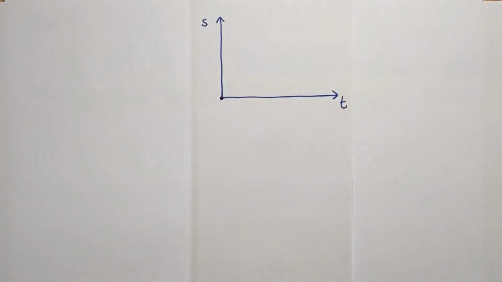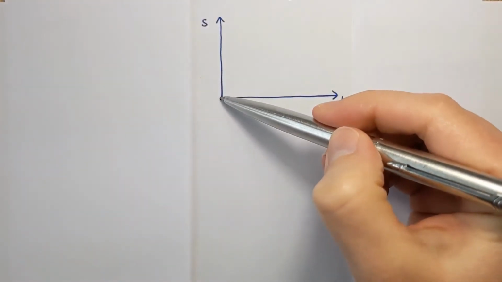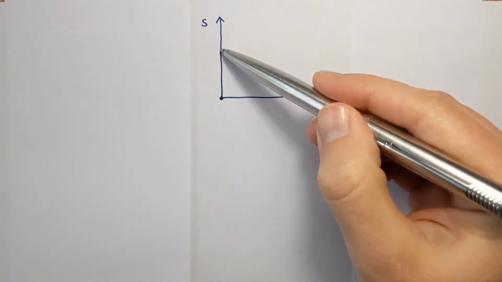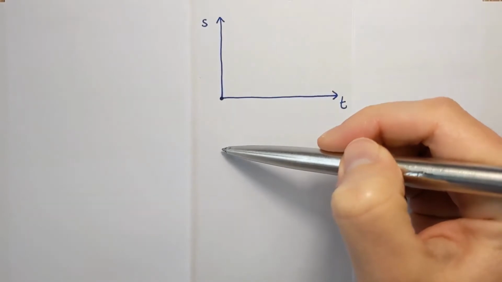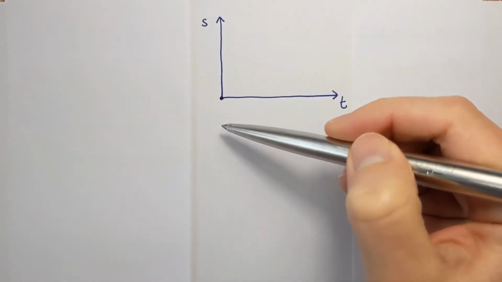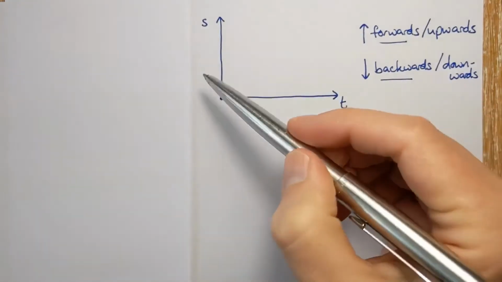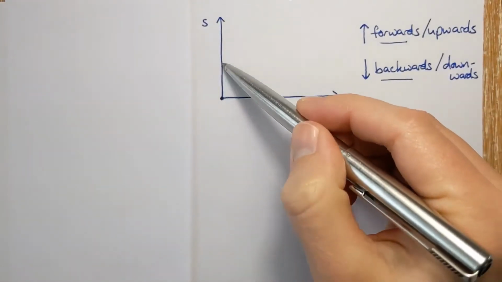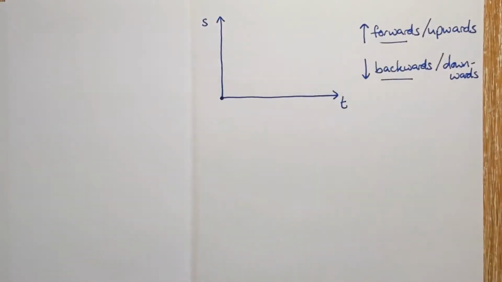Then you have to make a decision about which way is going to be forwards. For example, I might decide that positive is going forwards from my start position and negative is going backwards. Or if you're doing upwards and downwards motion, I might decide that positive is upwards and negative is downwards. But it's up to you which way around you do it.